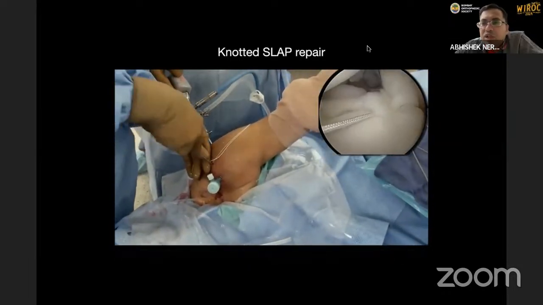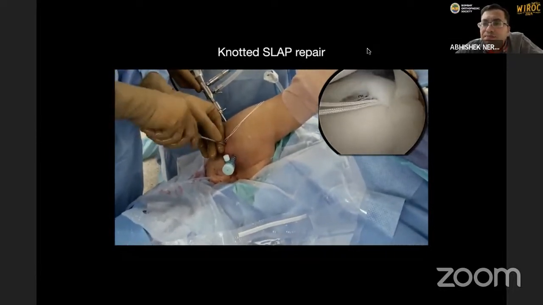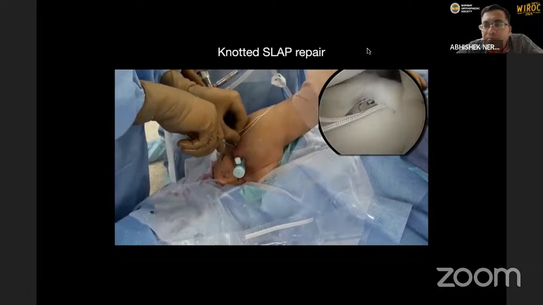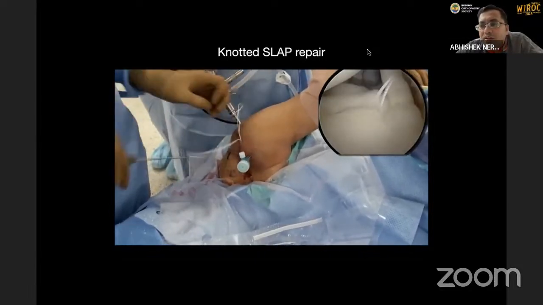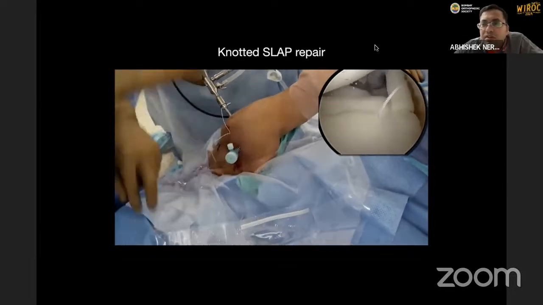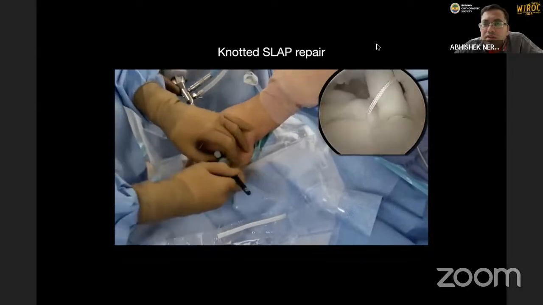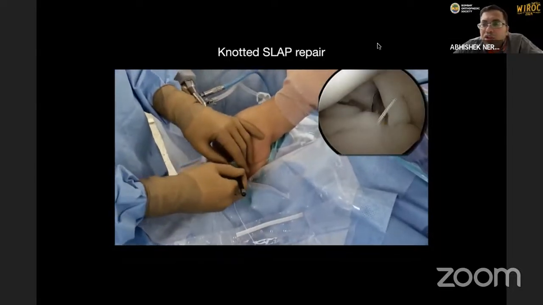Okay, fine. And then you go around the biceps, take another bite to the superior labrum, and repeat the same step. So this is the other side of the biceps. And then you can put a knot onto it.